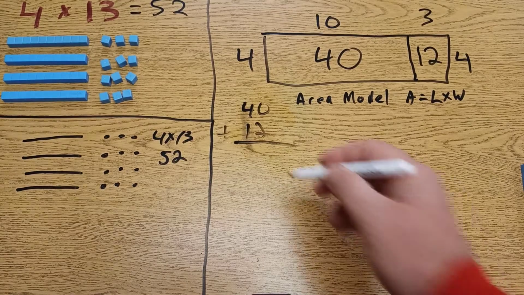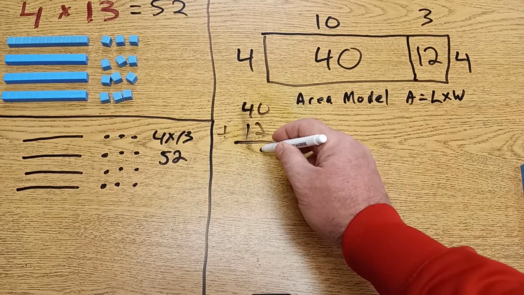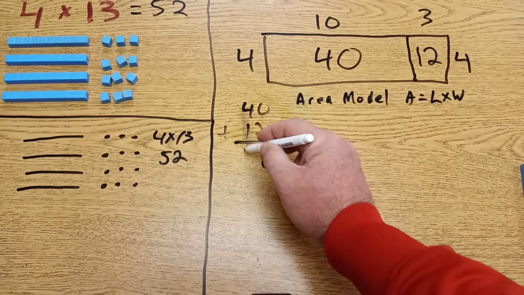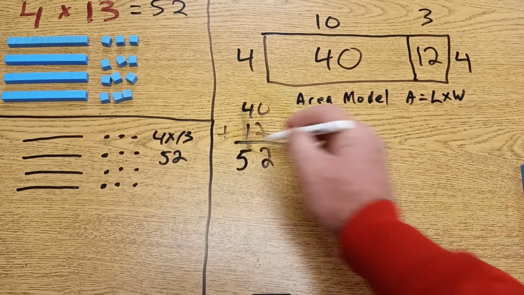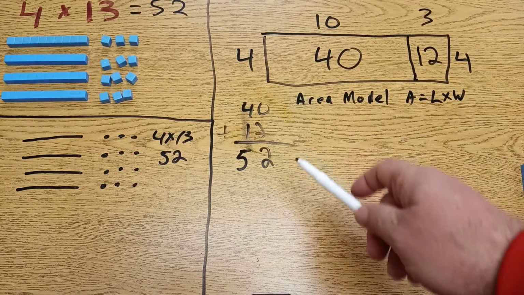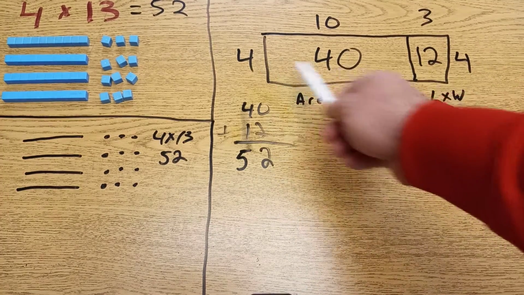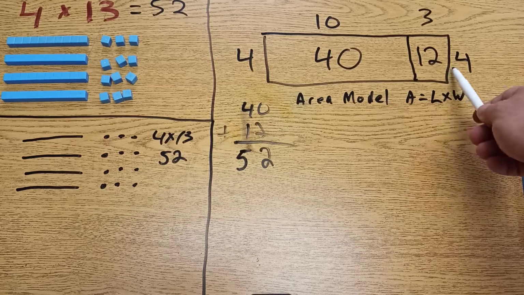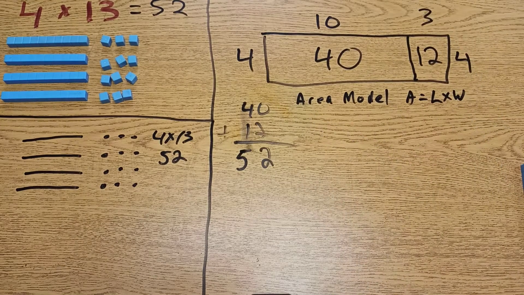In the ones place, I'd have a 2 here. And 40 plus 10 is 50. So using the area model, what I did is I broke it down into 2 separate areas. Okay, and so 4 times 13 is 52.